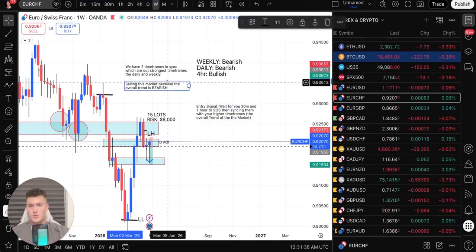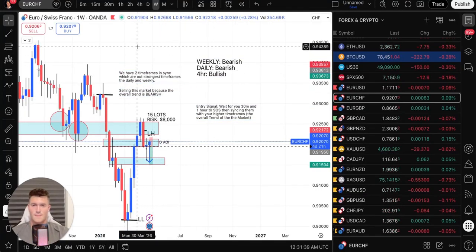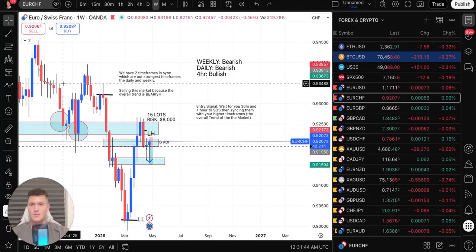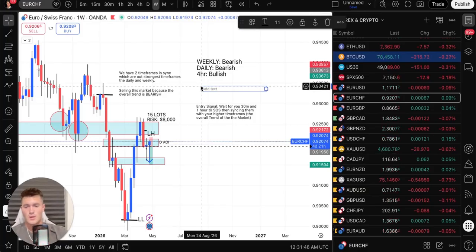And I always make sure that my areas of interest are within, if I'm selling, and then always make sure areas of interest have 3 or more touches from price in the past.